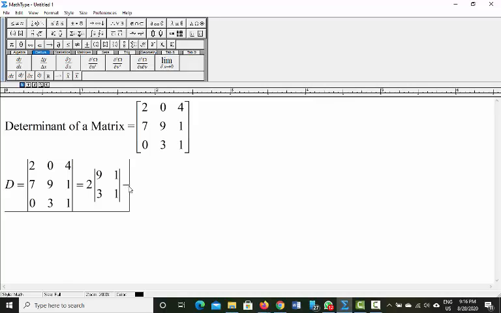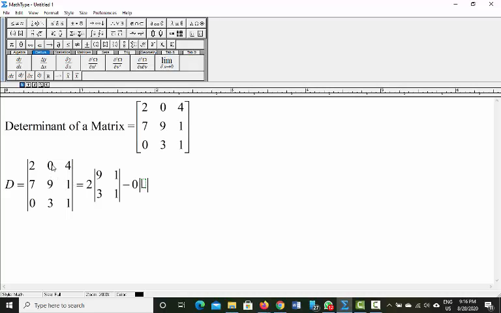This is the formula: for the second element, it has to be minus. The second element is 0. If the second element is 0, you actually don't need to write it, but since you are learning, I am showing you.